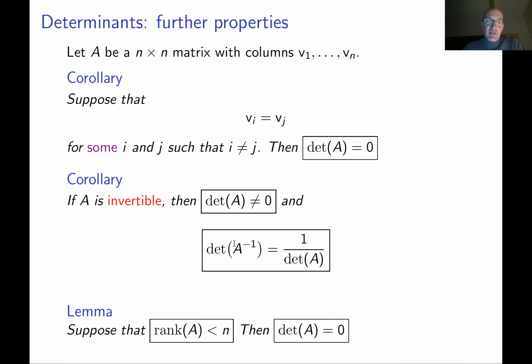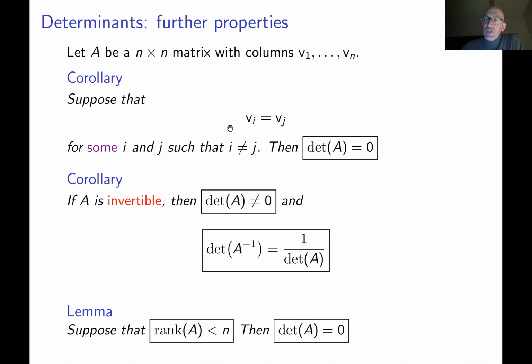Okay, and the final lemma. If we know that the rank of a matrix A is less than n, so it means its nullity is positive, then by the rank-nullity theorem, this implies that the determinant is 0. Observe that a very special case of this lemma is actually this corollary.